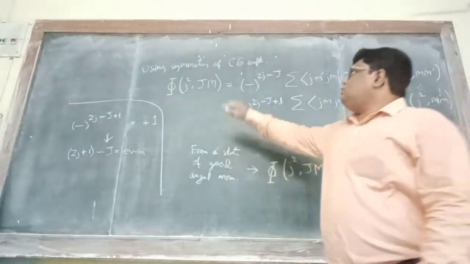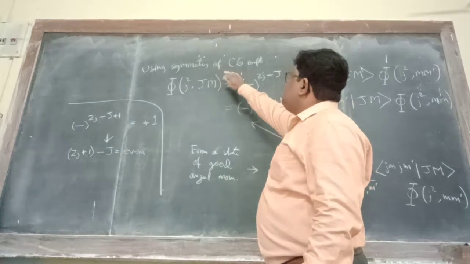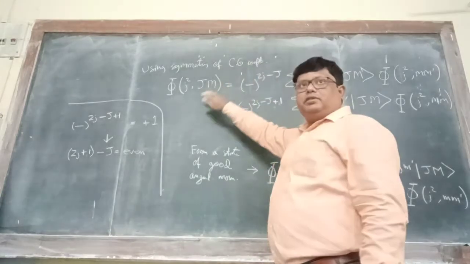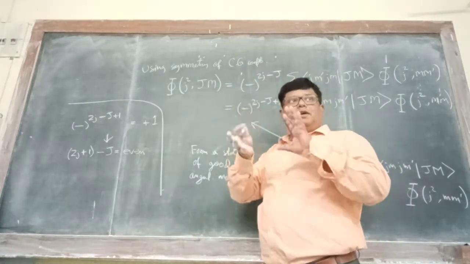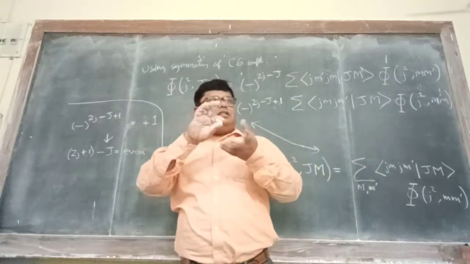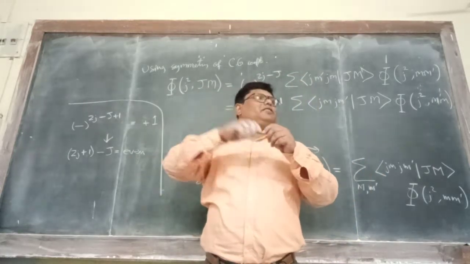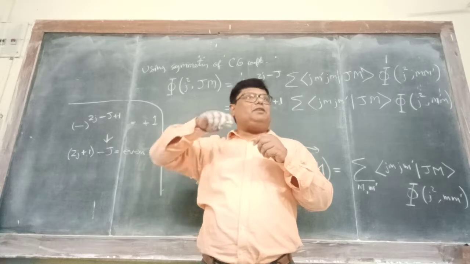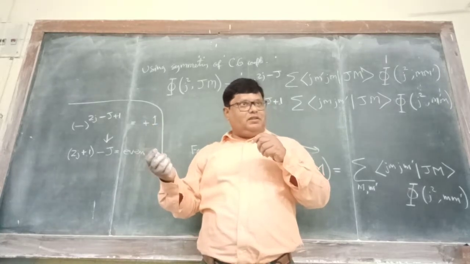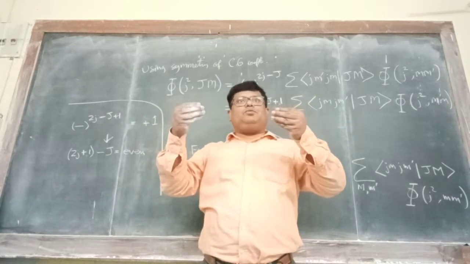Now let us use the symmetry property of the Clebsch-Gordan coefficient. I am going to do some mathematical jugglery: I will do some operations, then come back to the same old stuff and try to equate the two of them.